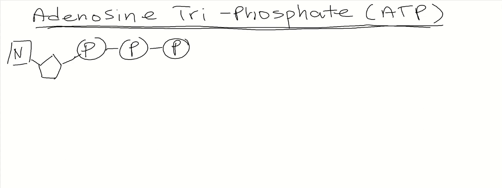Okay, so in chemistry, when you have three of something, we use tri. Tri means three in chemistry. A couple of important things to know here are the bonds. Let's just talk about this one here. The way ATP works is the third phosphate, and the bond that holds the third phosphate is very unstable.